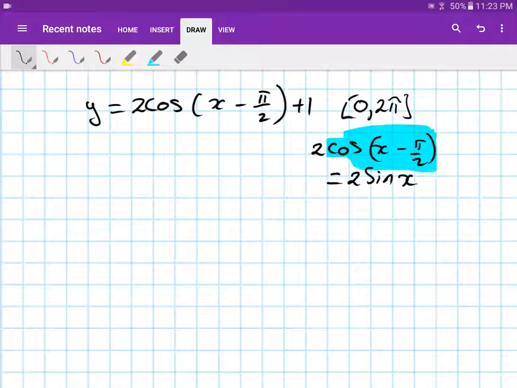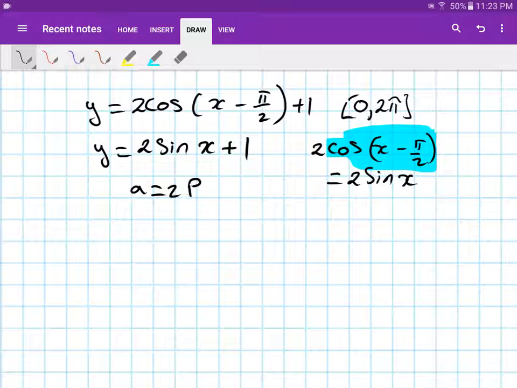So we can simply write this as 2 sine x plus 1. So it's easier. Now the amplitude is 2 and the period is 2 pi.